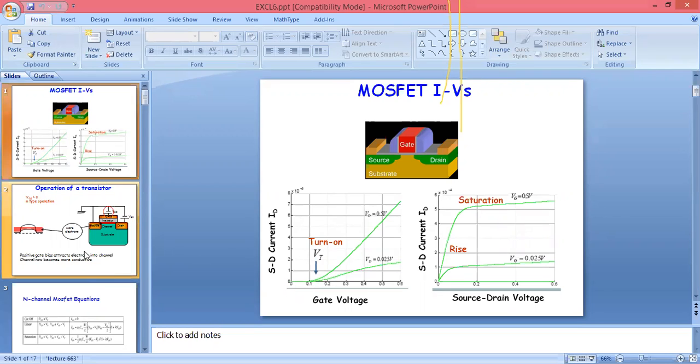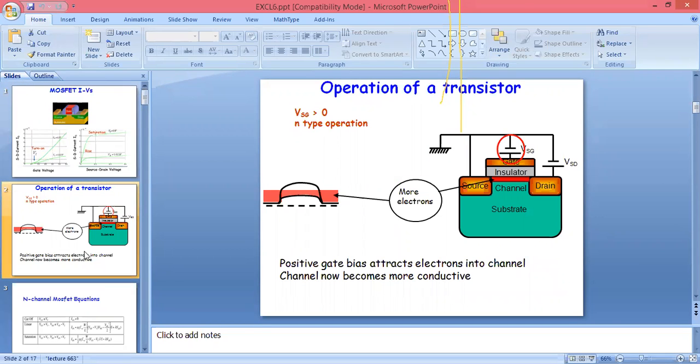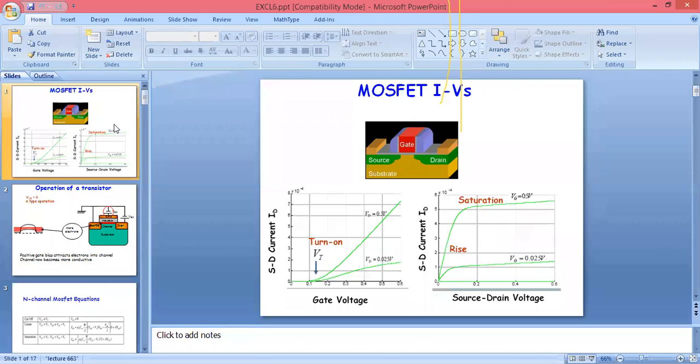If you apply VGS and that value is greater than 0, then linear current will flow with respect to VGS. You can see the graphical structure here. The output ID current is flowing with an increase in VSG, and it is increasing linearly.